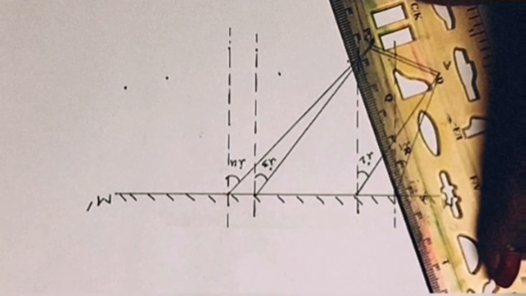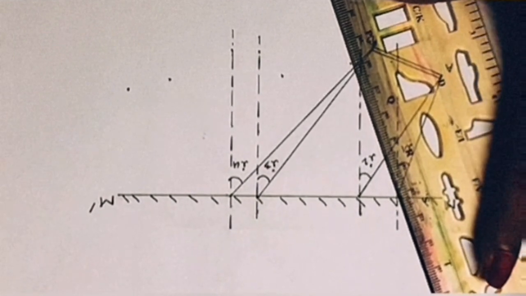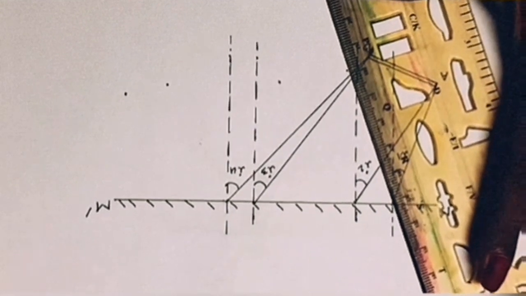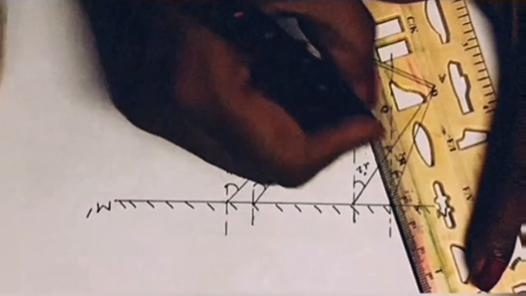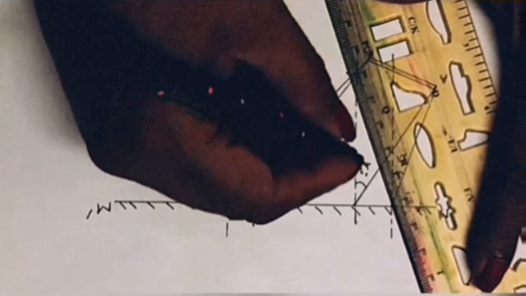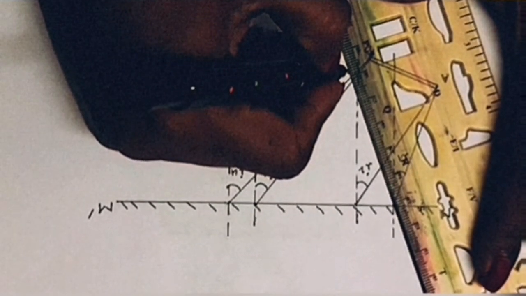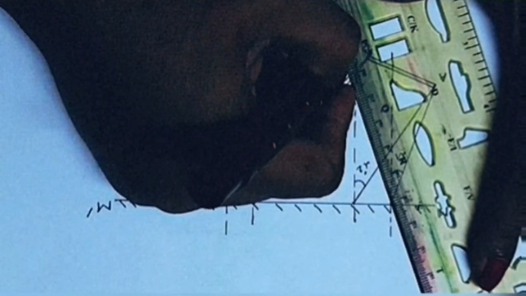Let's join these points now. It may be that there is not 100% accuracy, because when we join the points there may be some difference, but we try to make it perfect.